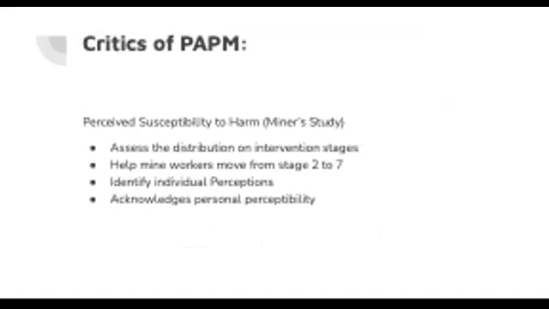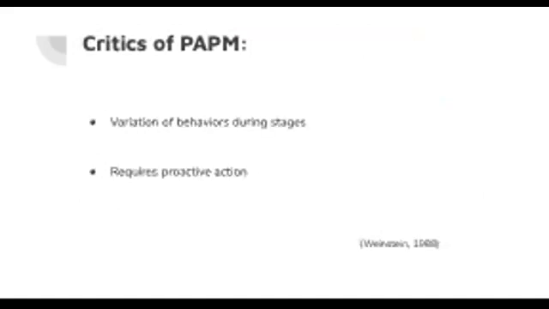In addition, the use of PAPM evaluated the different perceptions of mine workers towards the new technology and the acknowledgement of individual perceptions. PAPM stage theory suggests that there is a variation of behavior when moving people from stage to stage, which can be a barrier to the transition process. Also, protection-measure-related factors such as time, money, and skills required usually interfere with individuals' decision not to act proactively.